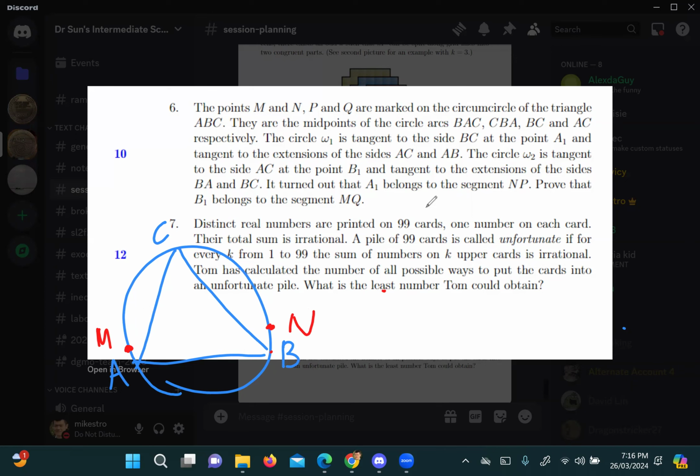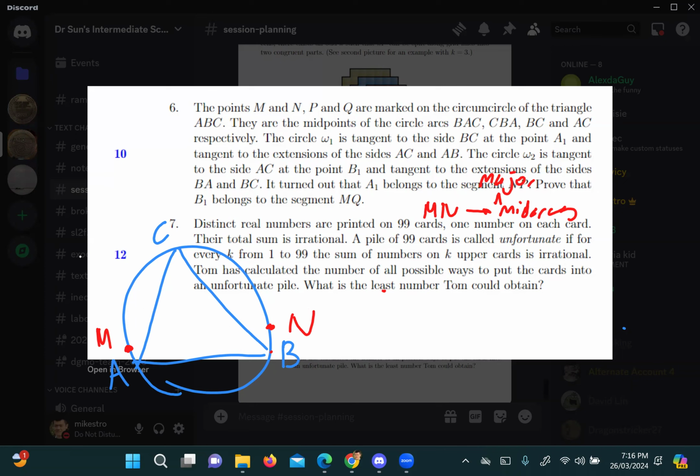So MN, the mid arcs including, what should I call it? We'll just call it the major mid arcs, the mid arcs of the major arcs, right?